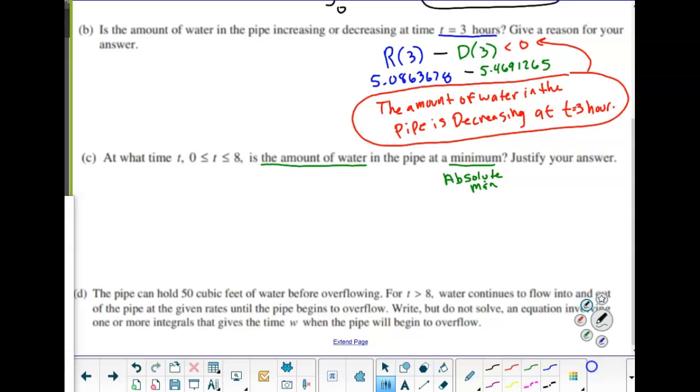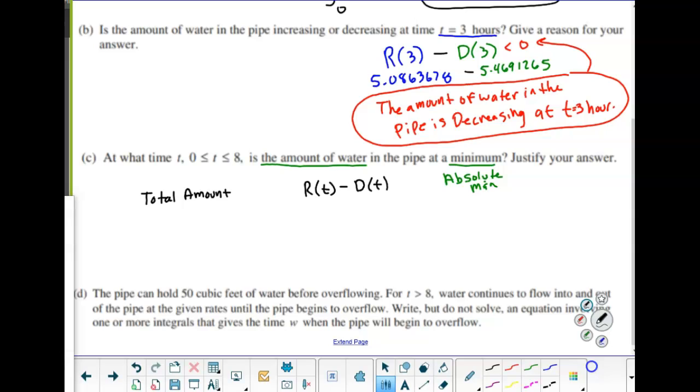So what I really need to do is come up with a graph that shows me the total amount. Well, I think we kind of already talked about how to figure that out. This is the rate. So one way to find the total amount of water when it's minimum is to look at the equation R of t minus d of t.